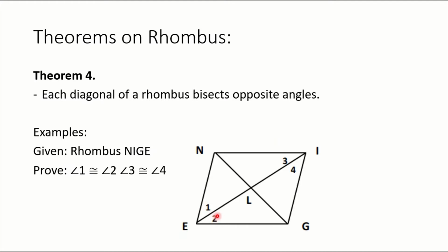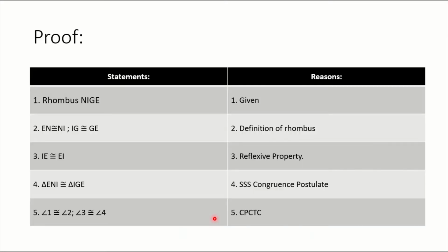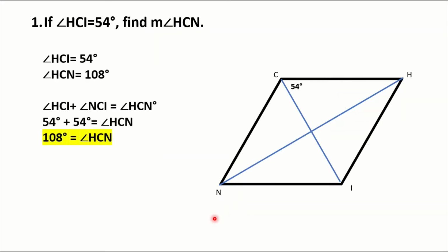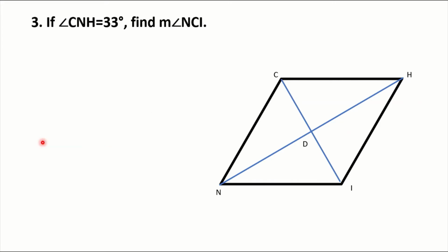So, this one will be 55 as well. So, ganun po yung application niya sa number 2. Ayan. So, kung 54 daw po ito, then ito din ay 54. So, therefore, you just have to add 54 by 54. The answer will be 108. Okay? Number 3. If CH is 33, find the measure of NCI.